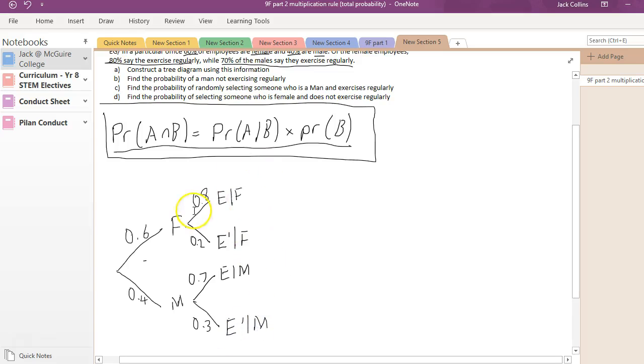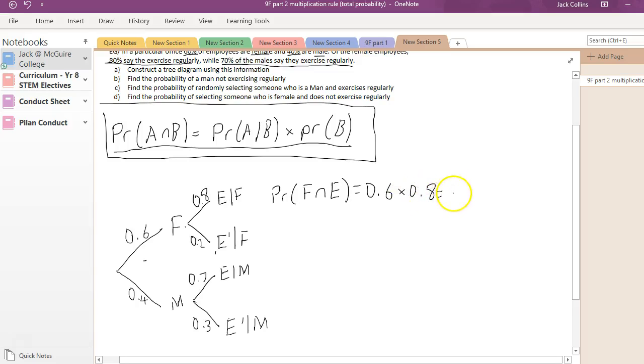Cool. Now, using the rules of probability here, the multiplication rule, the probability of F and E, selecting someone who's female and likes to exercise, you multiply along the branch. So you've got a 0.6 chance of selecting a female, and then you times by 0.8.